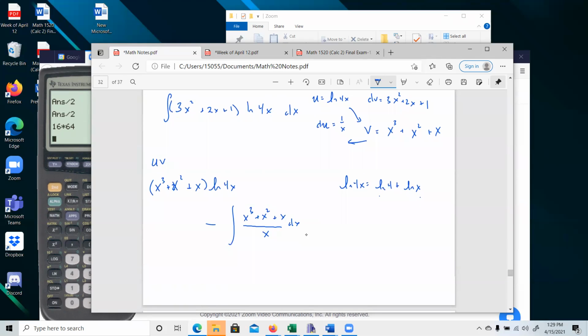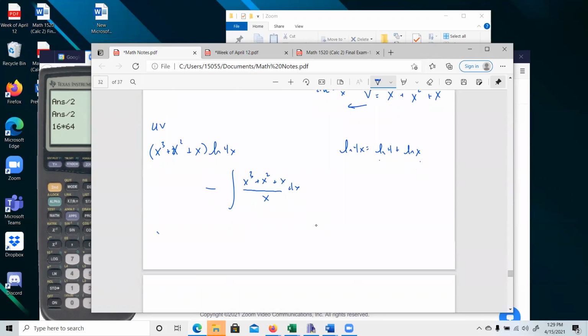So we have x squared plus x ln 4 minus the integral. Go ahead and do some of this magic here, and we're going to have x squared plus x plus 1. Nice integral, right?